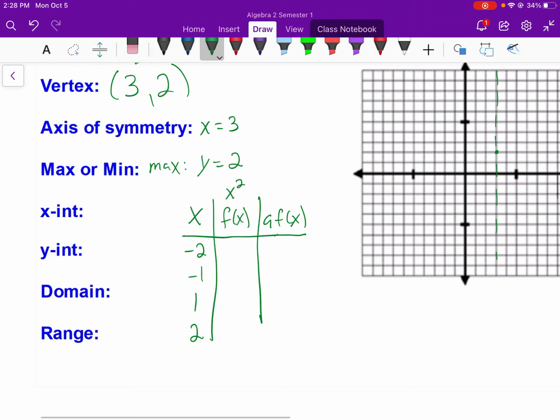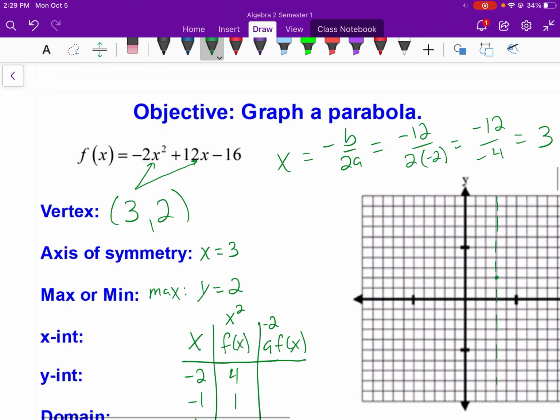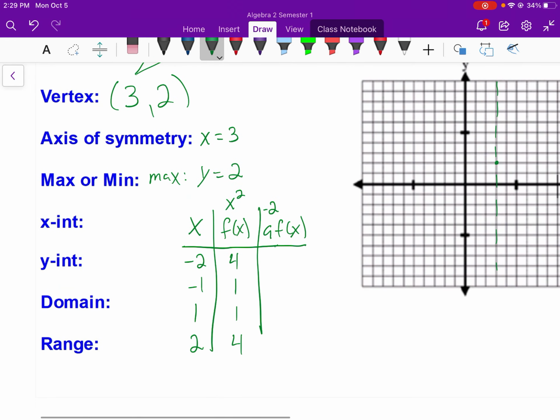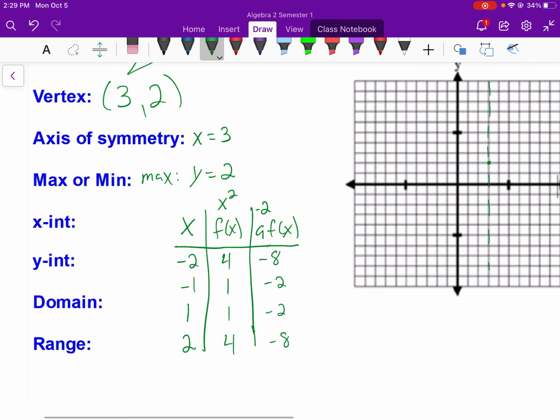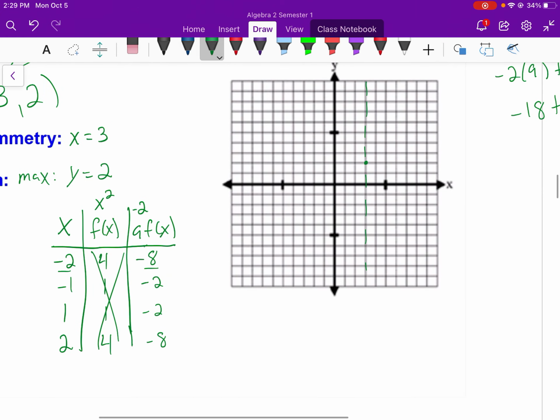Again, our function here is x squared, so negative 2 squared is 4, negative 1 squared is 1, 1 squared is 1, 2 squared is 4. Multiplying by that a value again, which in this case was negative 2, so negative 8, negative 2, negative 2, negative 8. Ignoring that middle column, it's saying left 2, down 8.